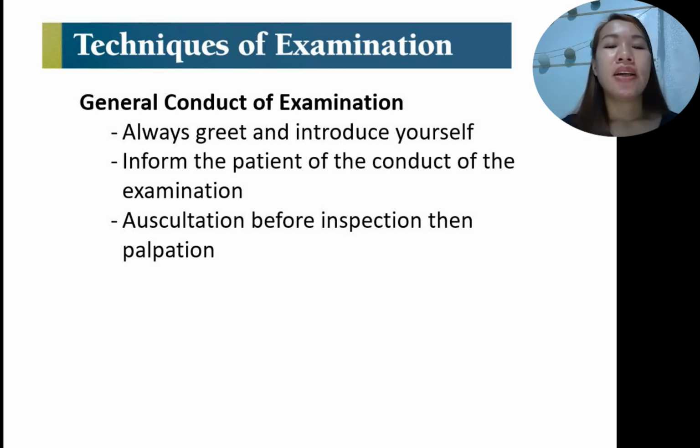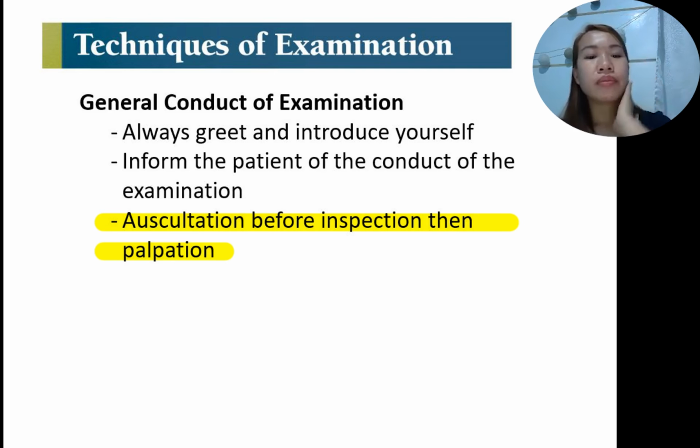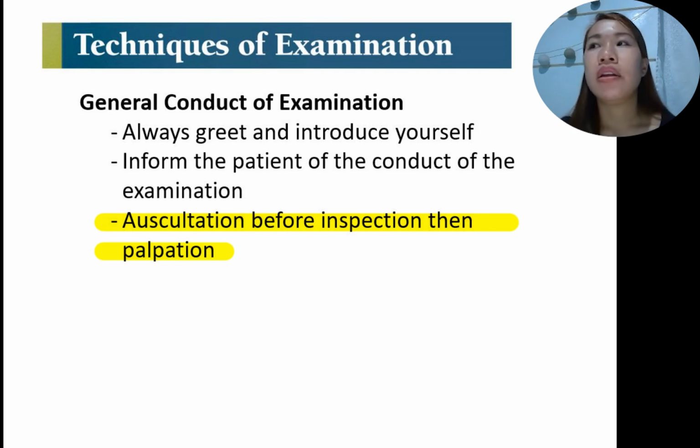Next is auscultation before inspection and then palpation. So, unlike in the other areas wherein we do the inspection first, and then the auscultation, percussion, then palpation, here, please take note, class, that for the cardiovascular system assessment, we always start with auscultation.